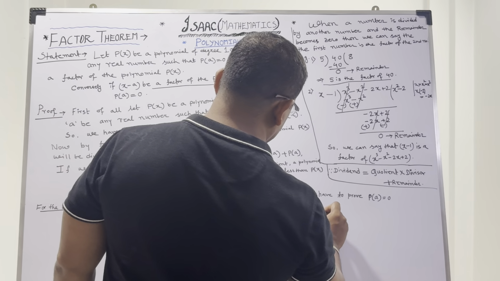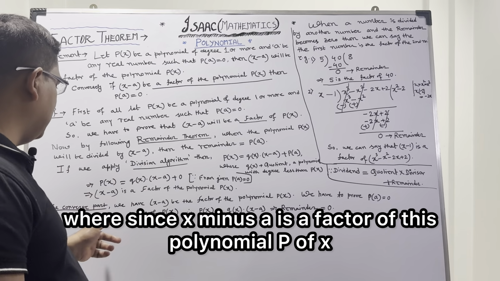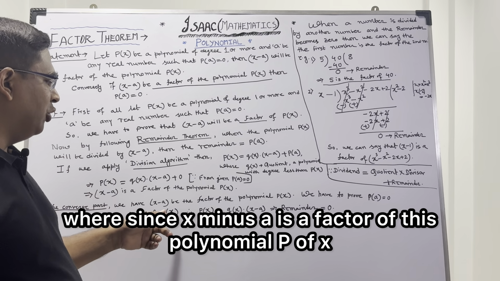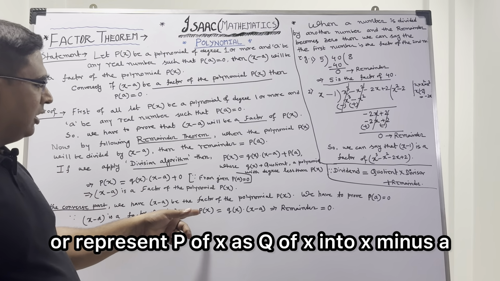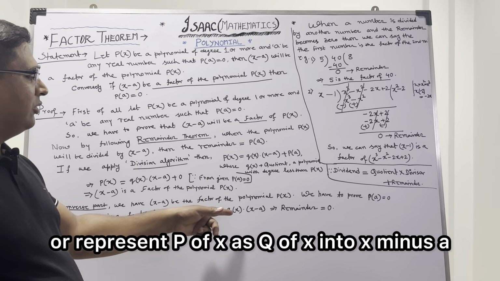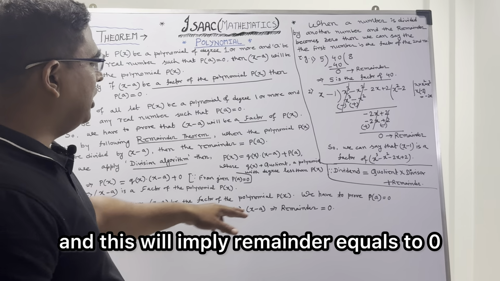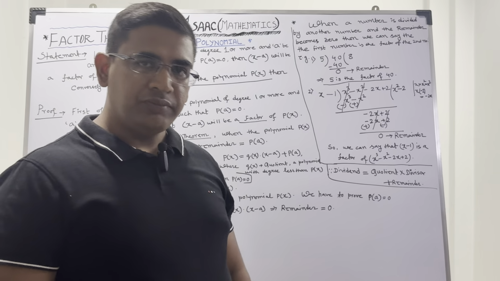So by following this, since x minus a is a factor of this polynomial P of x, we can write or represent P of x as Q of x into x minus a, and this will imply remainder equals 0. Okay.